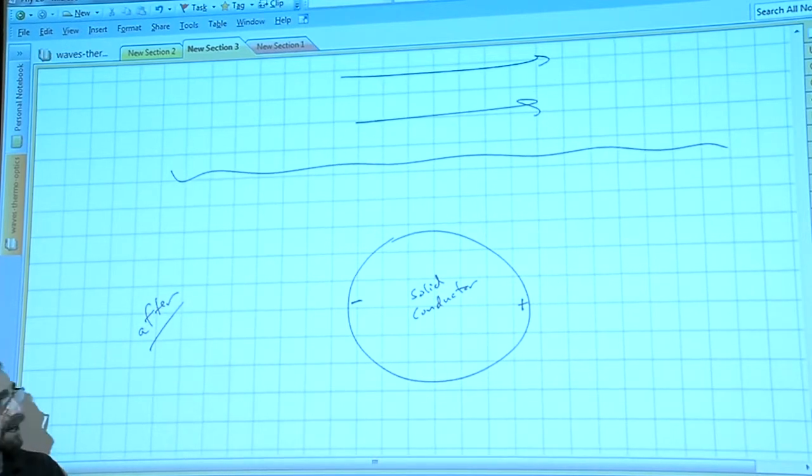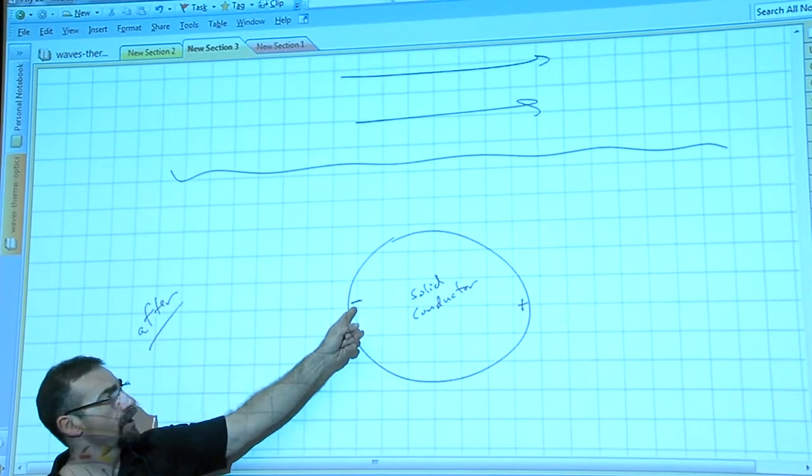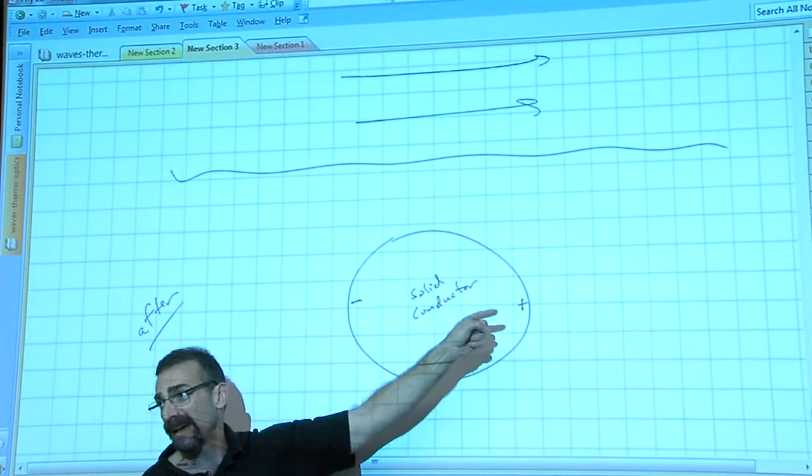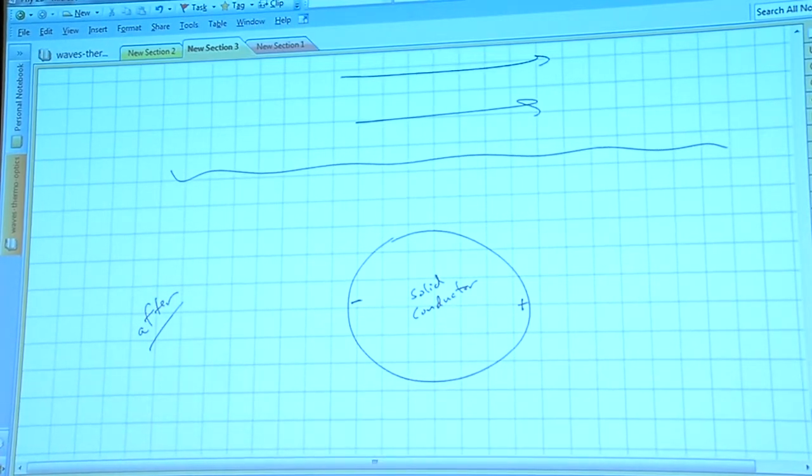The second electron says, oh, this external electric field is pushing me to the left, but there's already an electron over there that's repelling me and pushing me back, but the external electric field is stronger, so I'm going to the left. Ends up over here, leaves a positive charge behind. The third electron does the same thing. The fourth electron does the same thing. The fifth electron does the same thing. Actually, there are lots of them, but you get the idea.